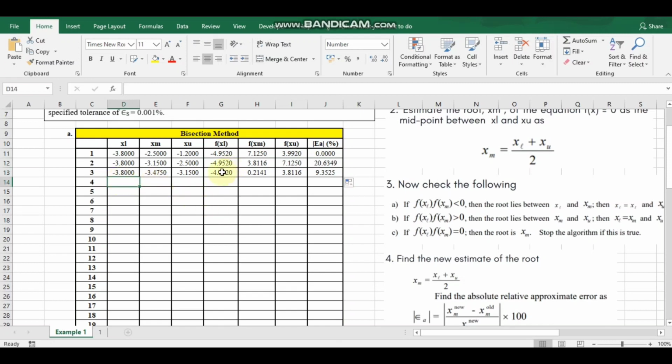For iteration number 4, the product of f of xl and f of xm is still negative. Therefore, xl will still be the xl and xu is the previous xm. Then pull this down as well as the following columns. Next, the product of f of xl and f of xm in the fourth iteration will be positive because negative times negative is positive.